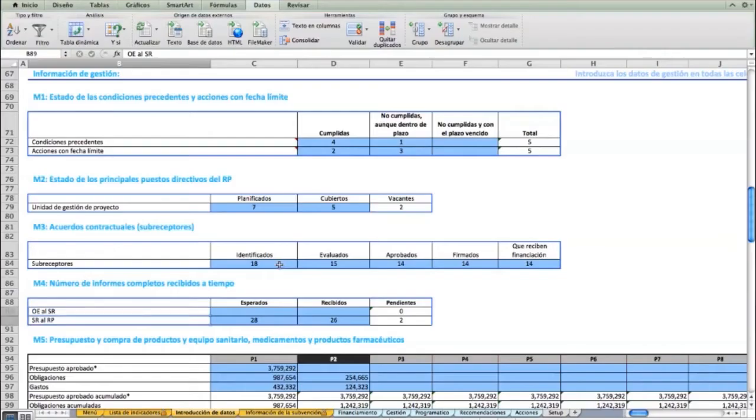In this indicator, we have the number of sub-recipients who have sent the expected reports and how many have actually been received. Also, it allows us to identify how many implementing organizations, or in some countries sub-recipients, sent information to the sub-recipient. So we can monitor the reporting of the sub-recipients to the principal recipient and from sub-recipients to the sub-recipients.